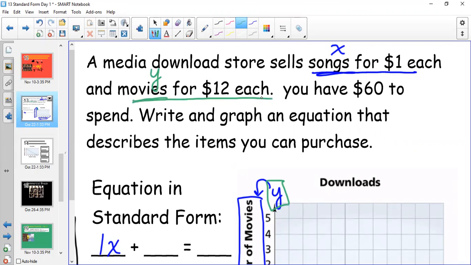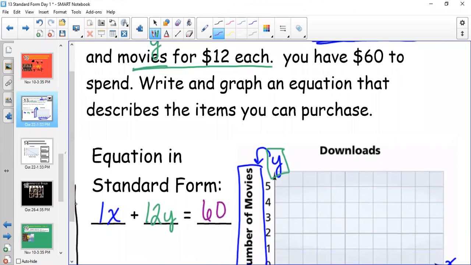Movies for $12 each. So 12 for each movie. And it says you have $60 to spend. That is our total amount to spend there. And that would be how we would first set it up. Okay, so we want to know how many items that we can purchase of each and still be in our $60 range.